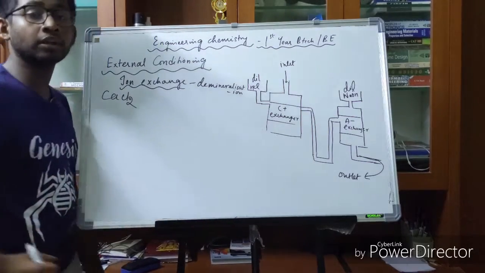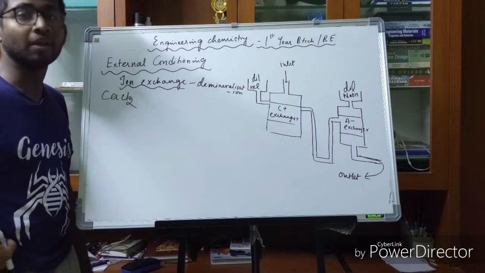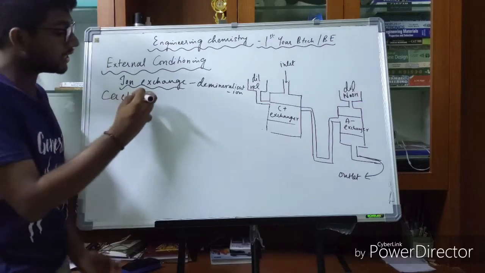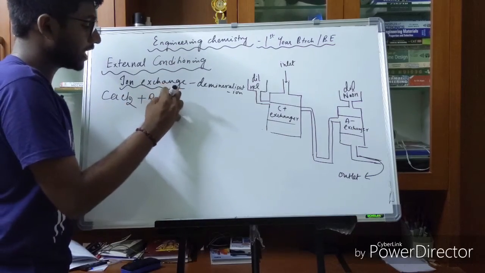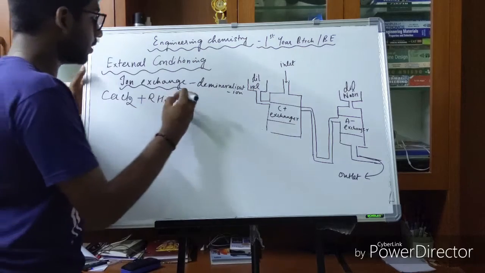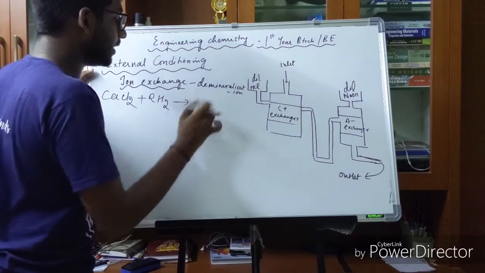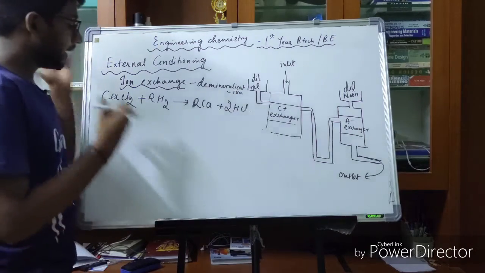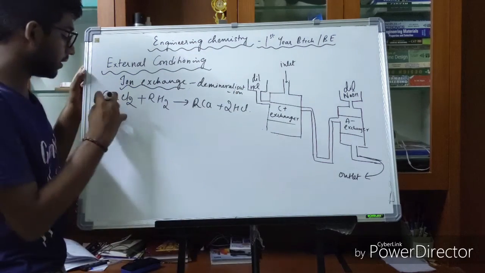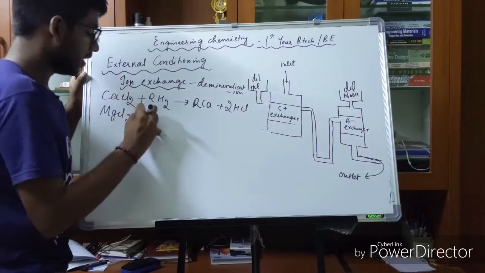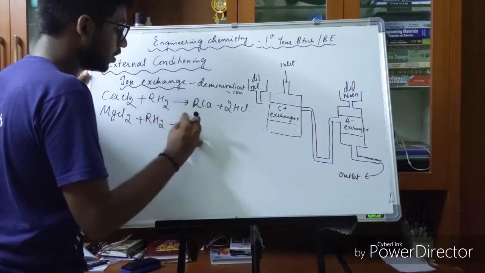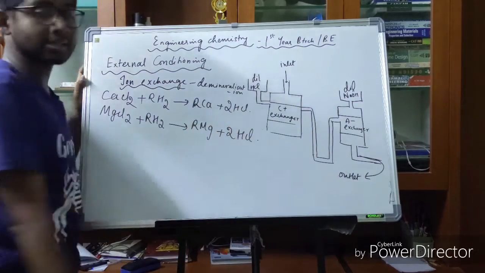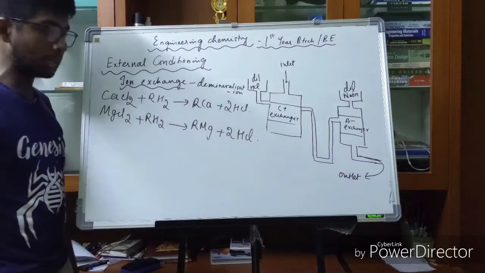First, it passes through the cation exchanger. We know that cation resins need not be represented by the actual functional groups. It is enough if you represent it by RH2. So now there you will be getting RCa, and then you will be getting 2HCl. And in case the respective salt which is present in water is MgCl2, when it reacts with RH2, you will be getting RMg plus 2HCl.